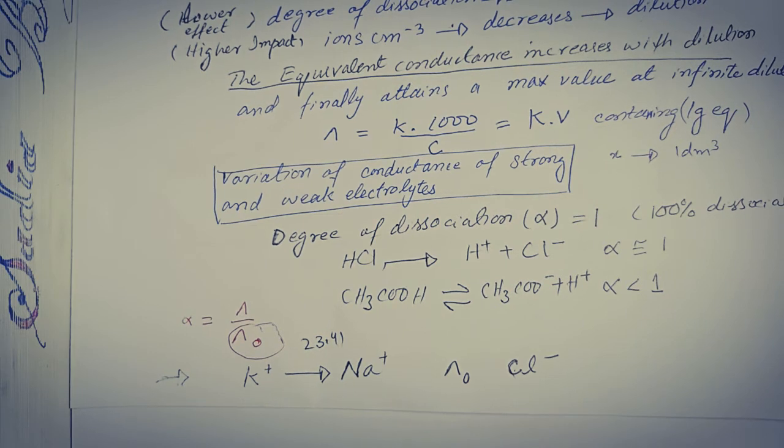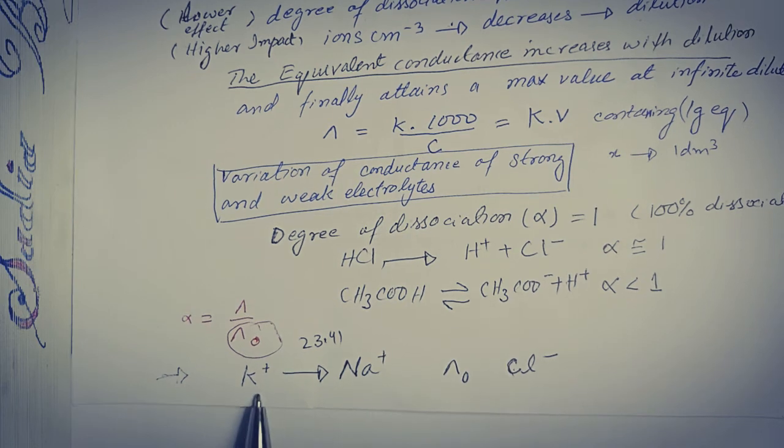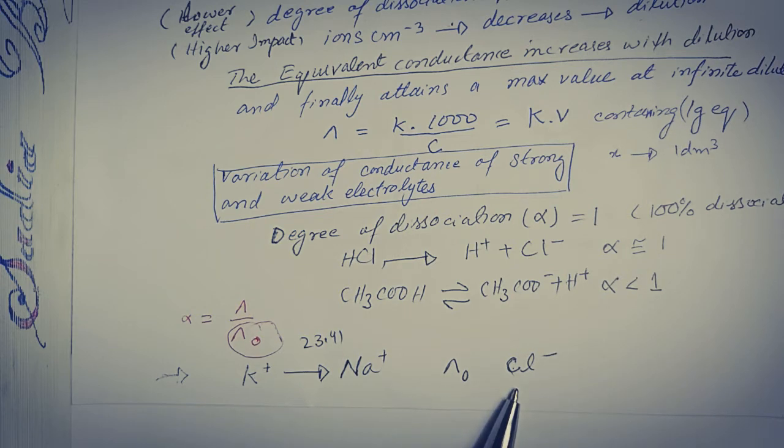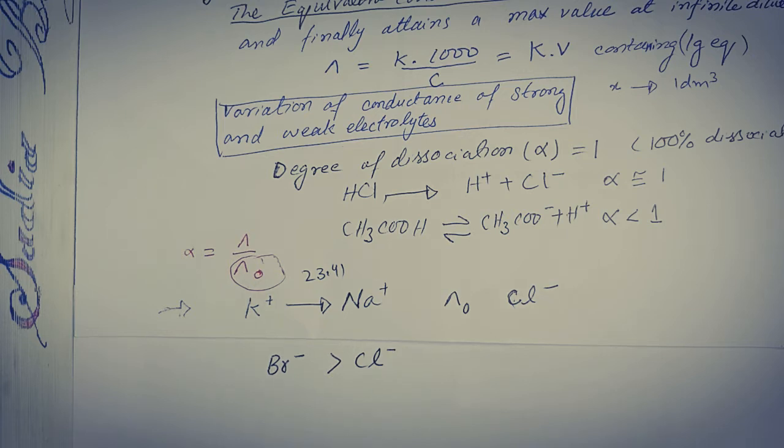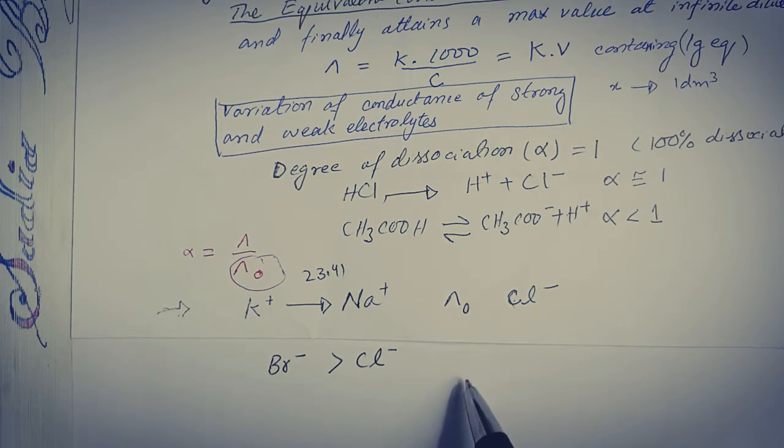So from here we can see that the value of equivalent conductance for these two species when their chloride salts have been taken, it doesn't depend on the anionic species but depends on these two cationic species. Similarly, if we change the anionic species from the bromide to chloride, the equivalent conductance for the bromide is higher as compared to chloride with a factor of only 2.06.